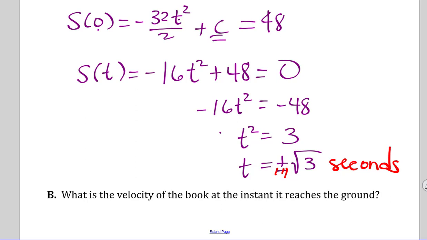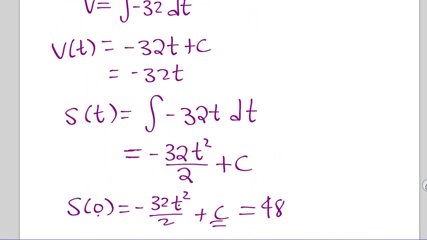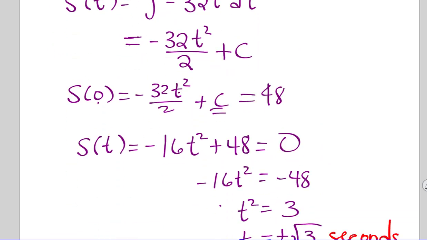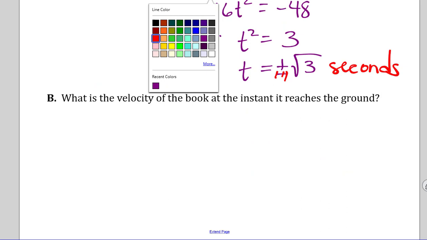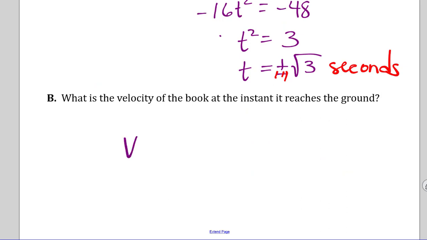Okay, all right, so now that we know when it hits the ground, the last question is, what is the velocity of the book at the instant it reaches the ground? And so we have an equation in our work for velocity. Velocity is negative 32t. So we want to find the velocity at time square root of 3.